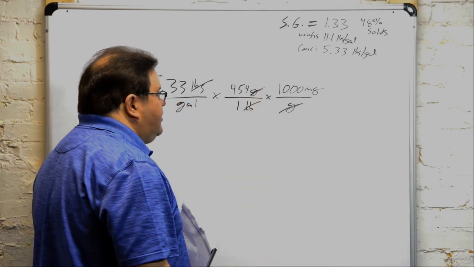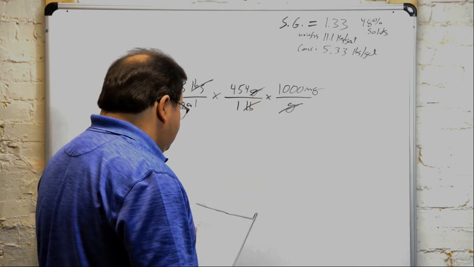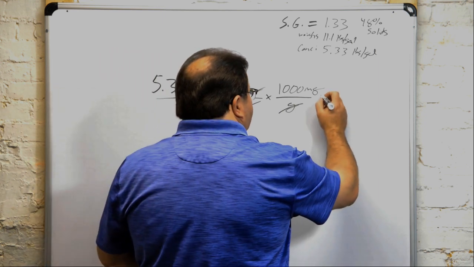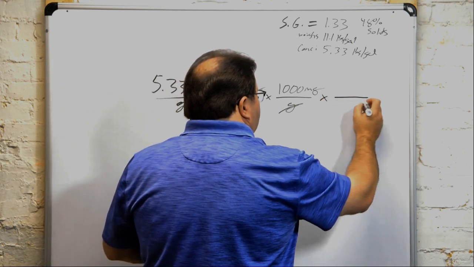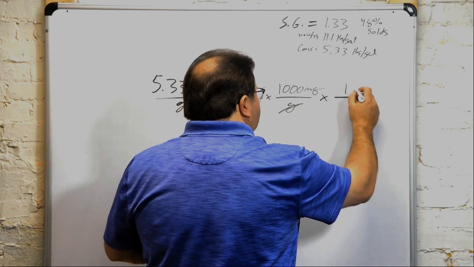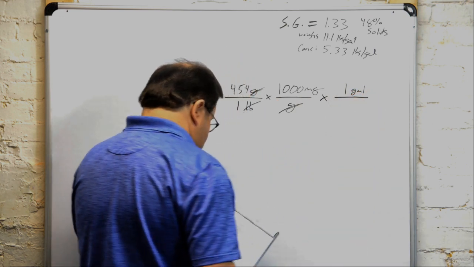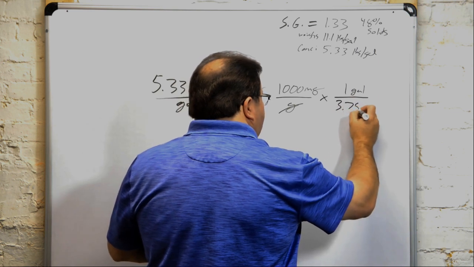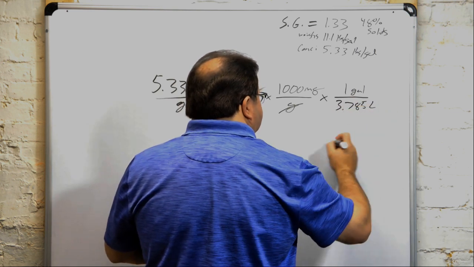So we can divide out our grams there. Now we're going to have milligrams, and 1 gallon is the equivalent of 3.785 liters.